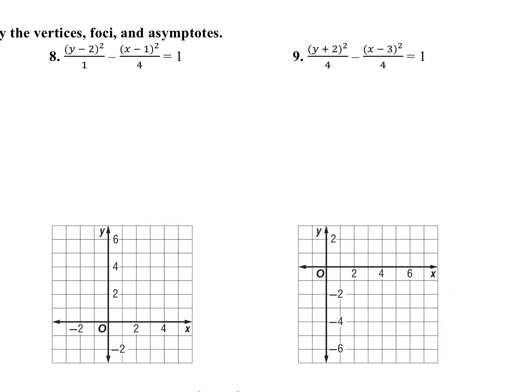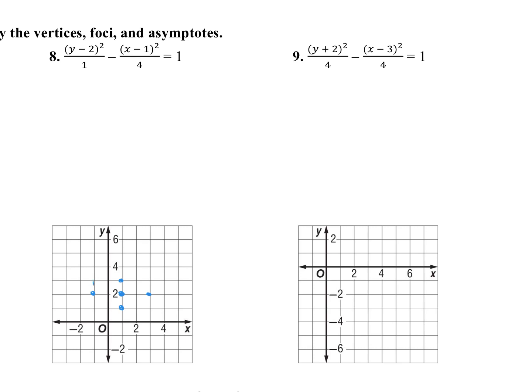Number 8 is centered at 1, 2. Underneath y, we see a 1. We take the square root of that, and we go up and down 1. Underneath x, we see a 4. Take the square root. So we go left and right 2.